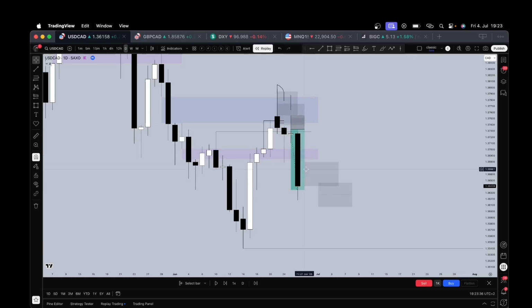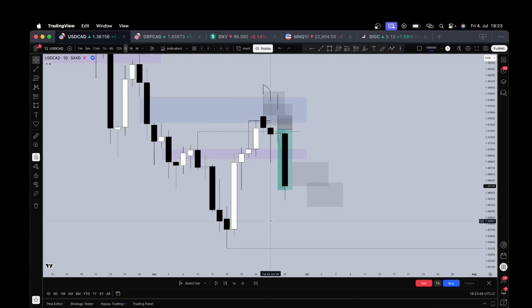So now the daily is bearish again, and we can expect price to run into that low here. Meaning here we can now use turtle soups and lower time frame confirmation if we have a valid turtle soup setup. If not, wait for the lower time frame confirmation.